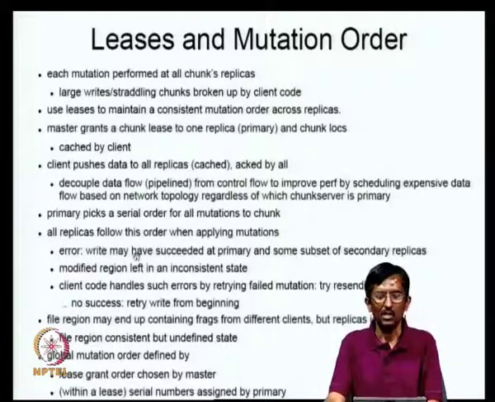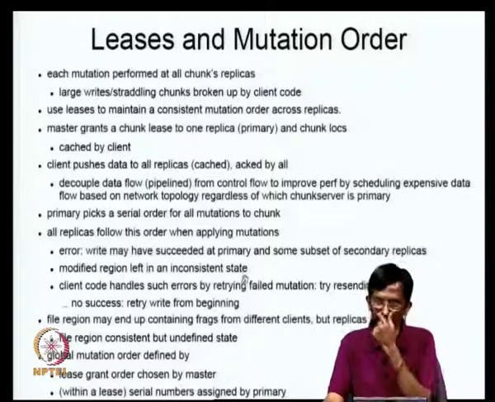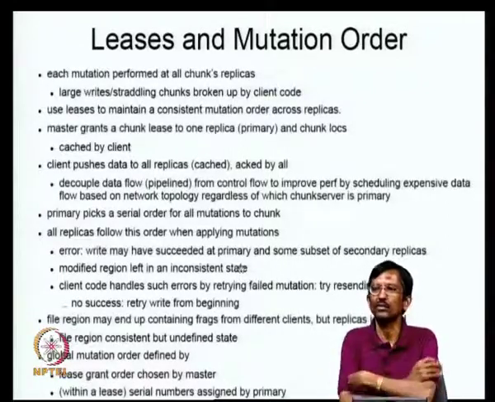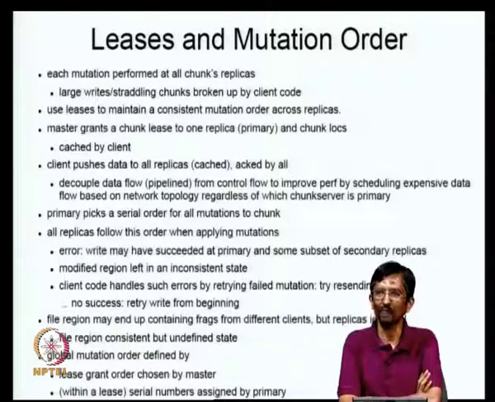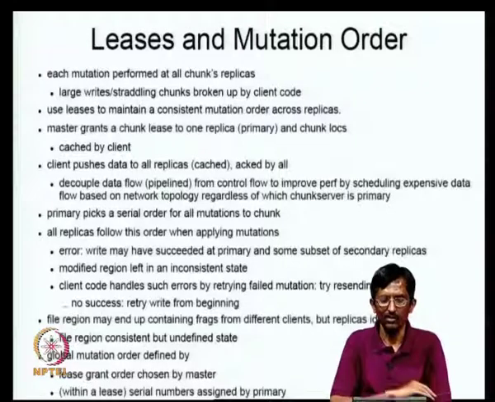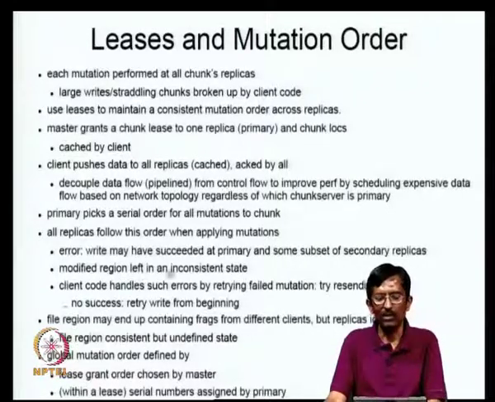So, it may have happened at the primary, but at only a few of the secondaries, not everywhere. The modified region is left in an inconsistent state. That is why we mentioned that it can be inconsistent, because some places have the new information completely, and some have partly old information. That is why it is inconsistent.